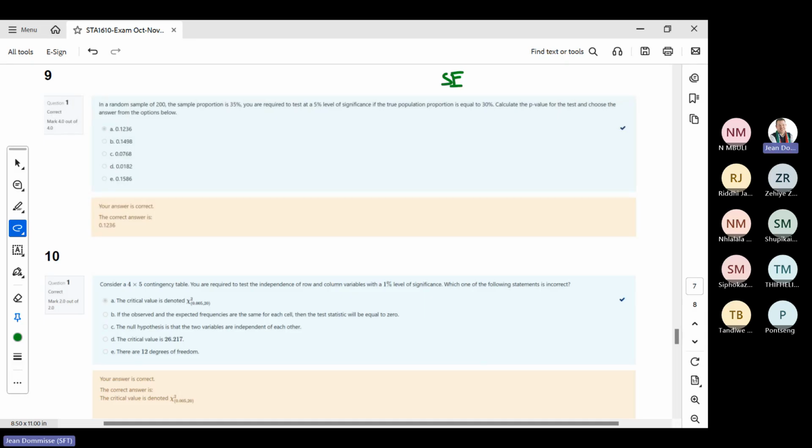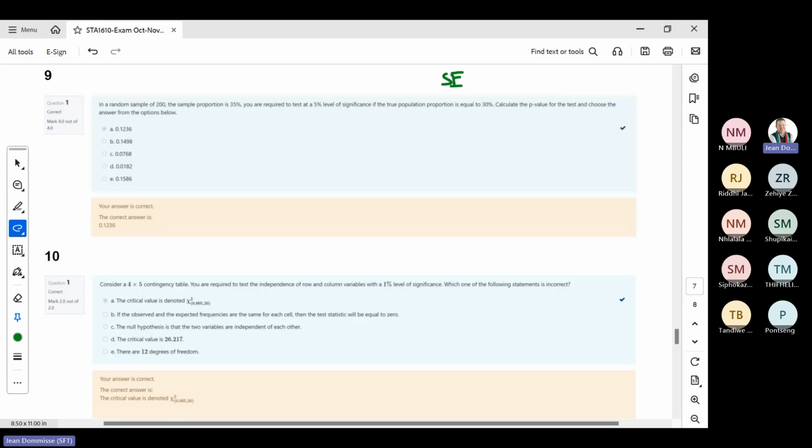Okay. In a random sample of 200, the sample proportion is 35%. You are required to test at the 5% level of significance if a true population proportion is equal to 30.